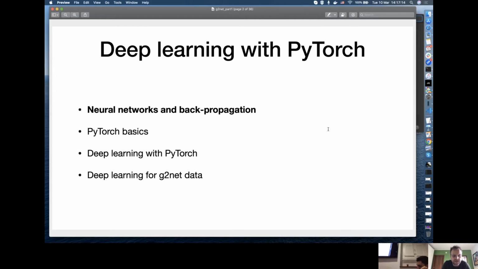And then the last part will be more an introduction for your hackathon. So how to load the data that you shared on the hackathon repo, and how to build a basic PyTorch network that will do something with that data. So that's the main layout.